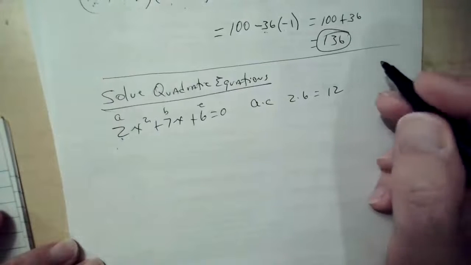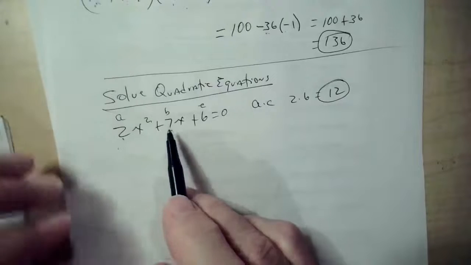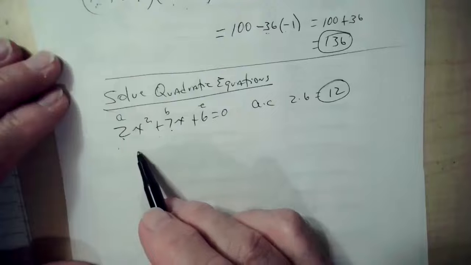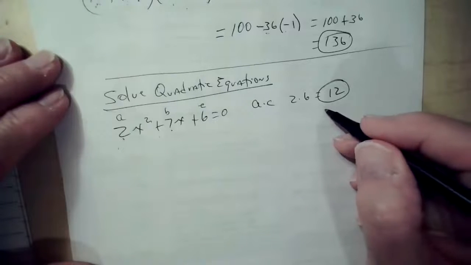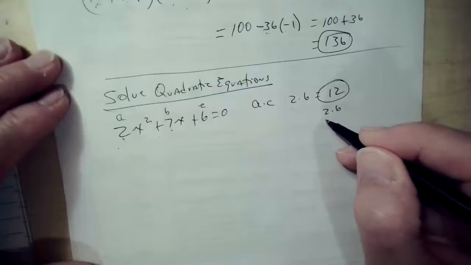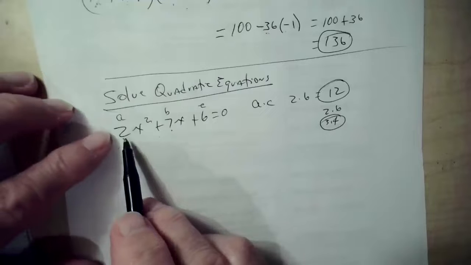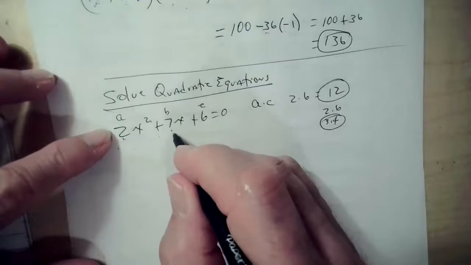This is a, that's b, and that's c. So we do 2 times 6 is 12. Now what are the factors of 12 that add up to 7? Now everything in here is plus, so it's going to be x plus something and x plus something. 2 times 6, 3 times 4, right?